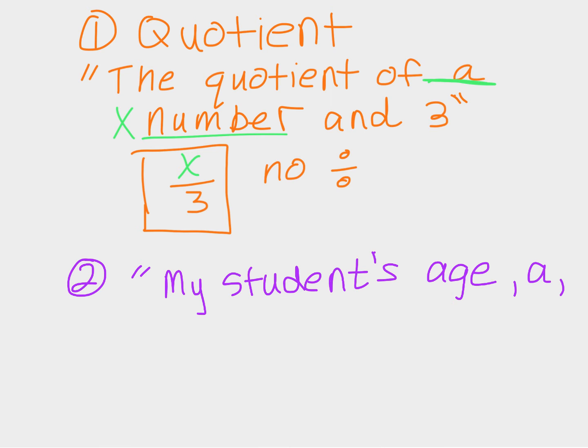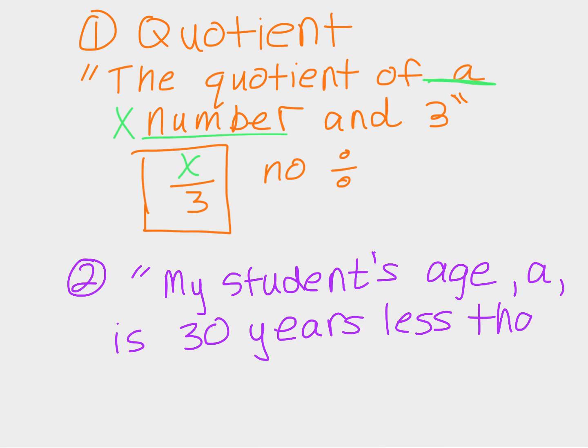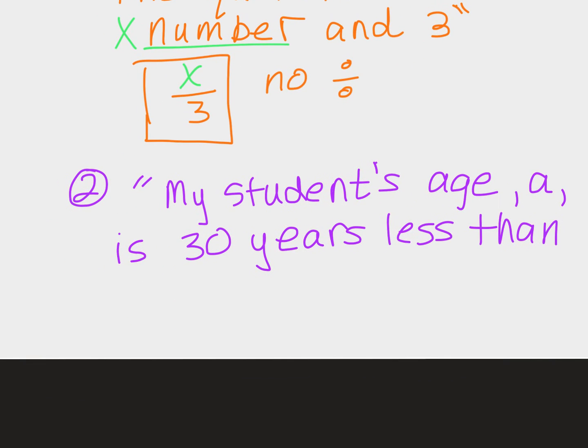I told you what variable to use. We could really use anything, but I'm going to be boring. Okay, my student's age is, oh my God, I'm so old, 30 years less than mine. And I'm going to use the letter M.